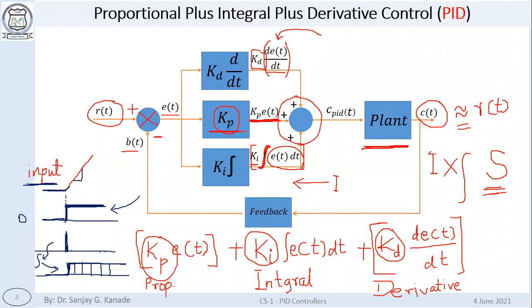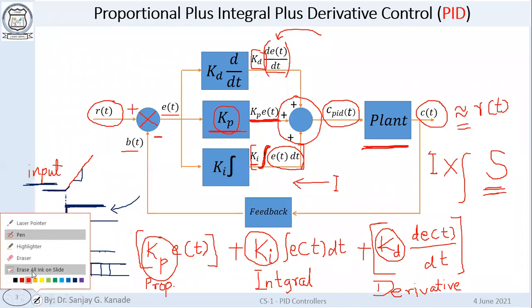That's what we are getting in the end. And the added components are going to the plant; the output of the controller is denoted in this diagram as CPID. Okay. So you got the idea behind the PID controller, proportional, integral, and derivative controller.